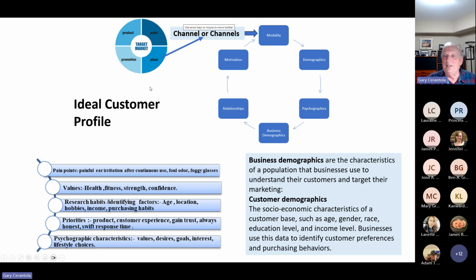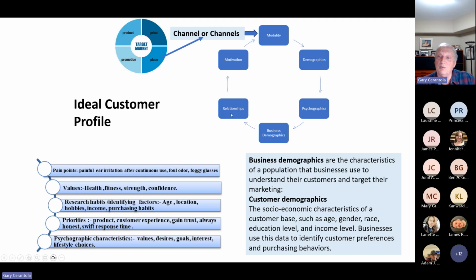And then really what you're trying to do, in terms of channels, is where are you going to find them? The modality. Are we going to find them on Facebook, or on Snapchat or whatever? What kind of demographics? What kind of psychographics? And now, if you're looking B2B, business to business, what kind of business demographics?